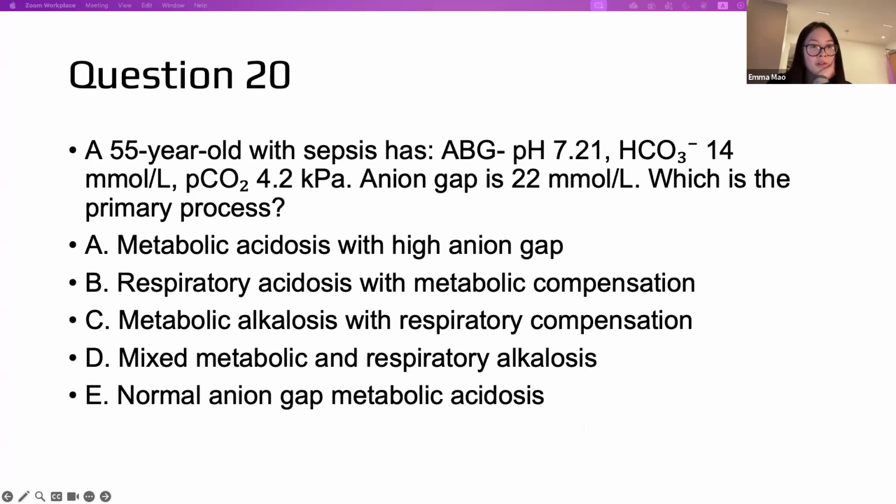We have a 55-year-old with sepsis, and here it shows a pH that is quite low, low bicarbonate, and then low carbon dioxide, and the anion gap is 22.